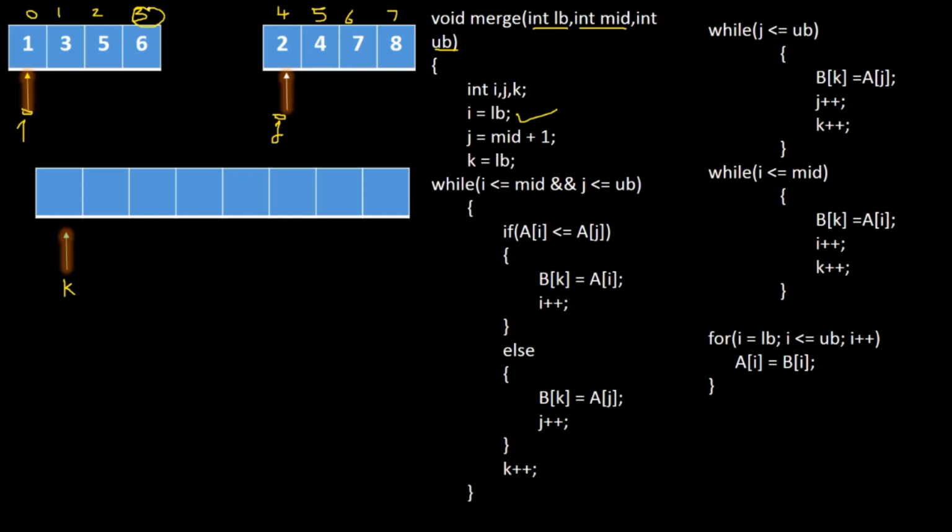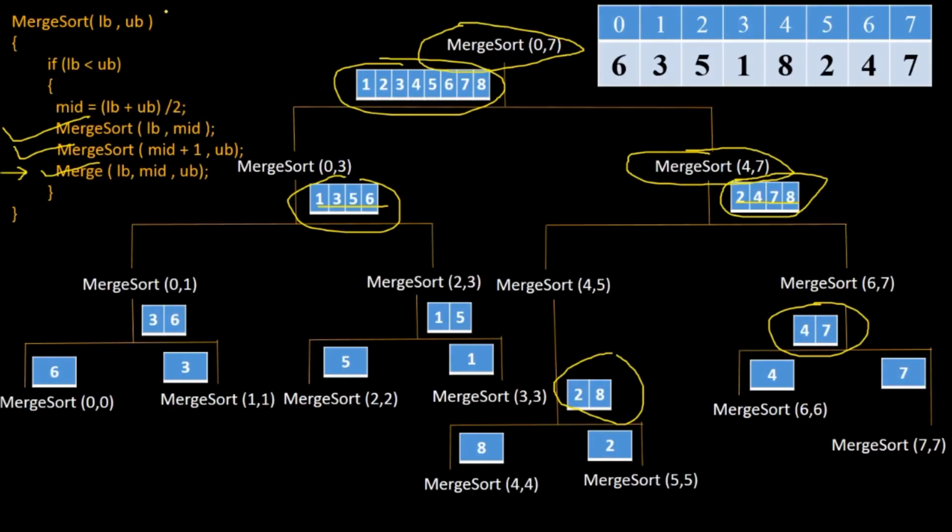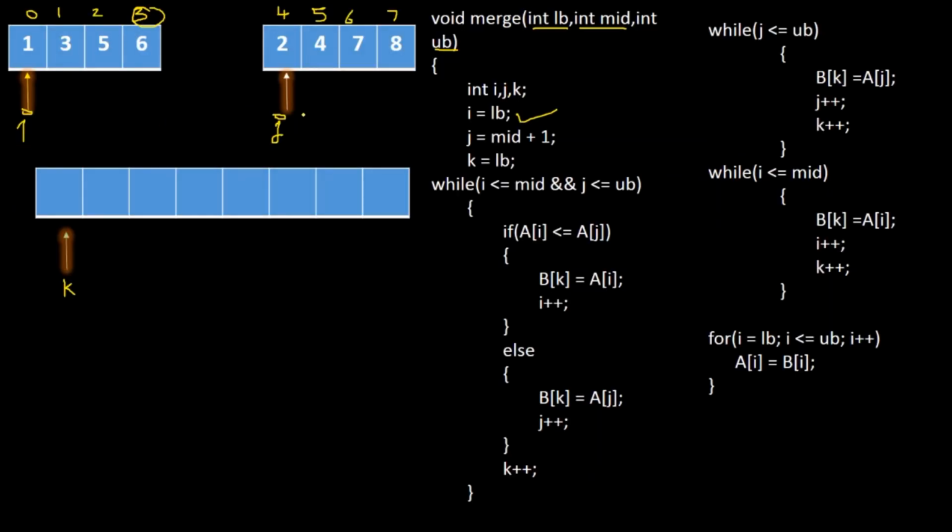You want to see whether the mid is 3 or not? Here 0 plus 7, how did you calculate the mid? 0 plus 7 divided by 2. 0 plus 7 is 7, and 7 divided by 2 is nothing but 3. So mid is 3 here. So 3 plus 1, the value of j is 3 plus 1.